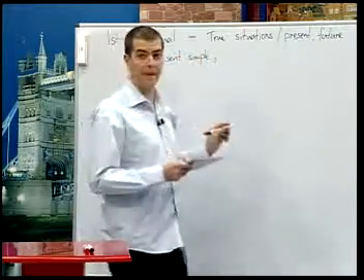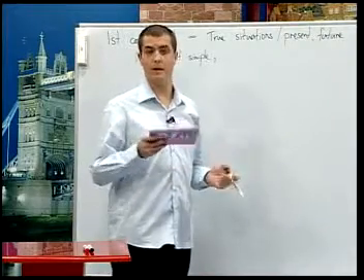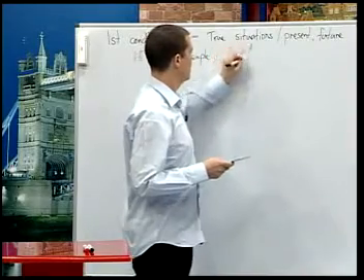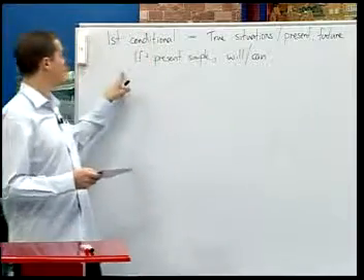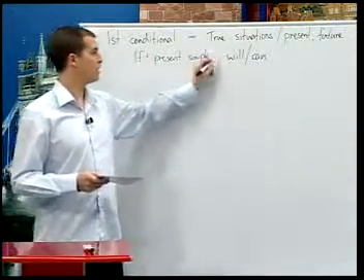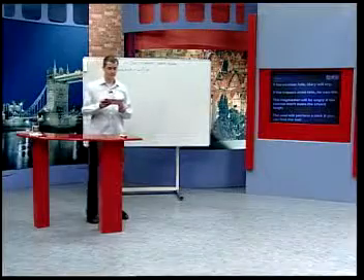And in the main clause, we use will or a future form like can as well. And if the if clause begins the sentence, we must have a comma. Okay, let's look at the second conditional now.